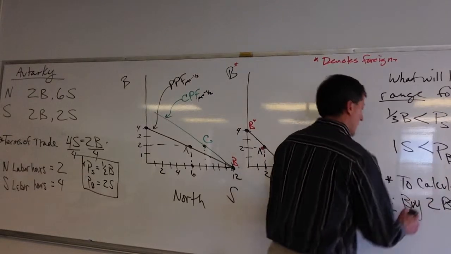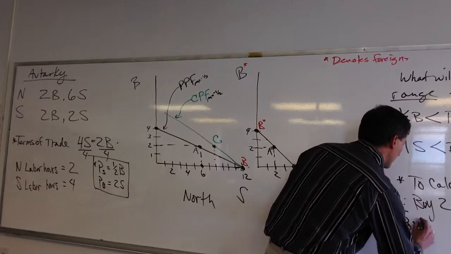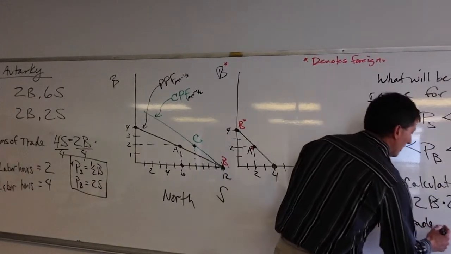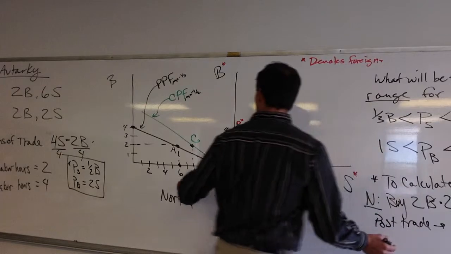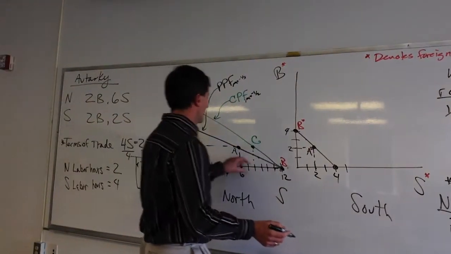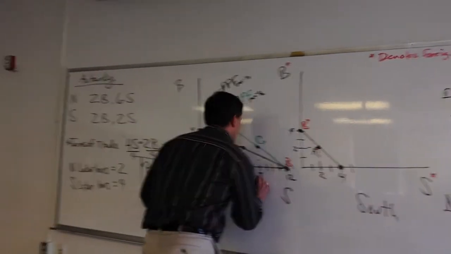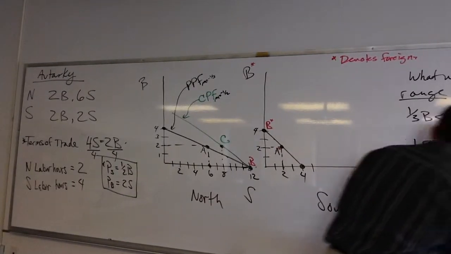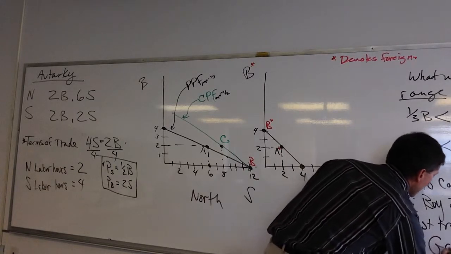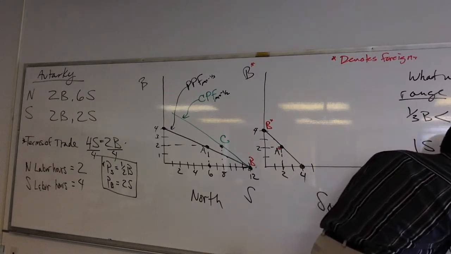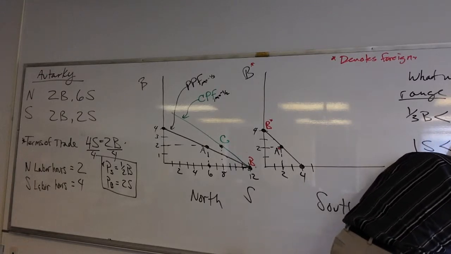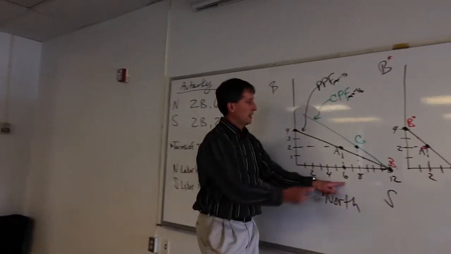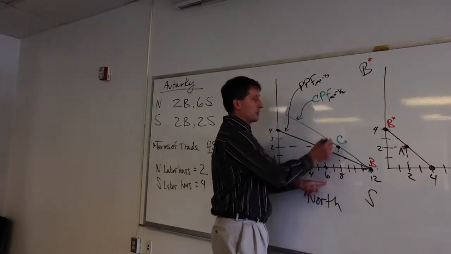So after trade, post-trade in the north, we are at this point C, 2 bread and 8 shirts, and therefore we have a gain of 2 shirts. We started off at point A with 6, and now we have this gain of 2.